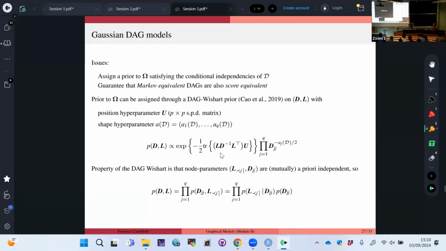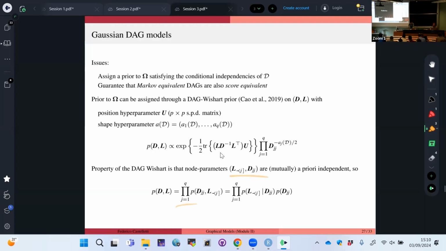So if we combine this with the likelihood, what we obtain is a posterior which has the same kind of structure, so it is still DAG-Wishart. Not only that, a property of this prior is that the node parameters, so let's say the regression coefficients and conditional variance of node variable j, are a priori independent, so that you can factorize your prior on D and L as a product over j.